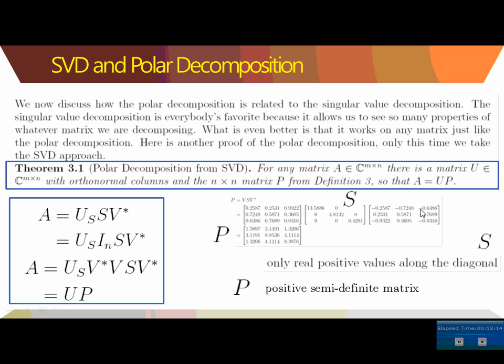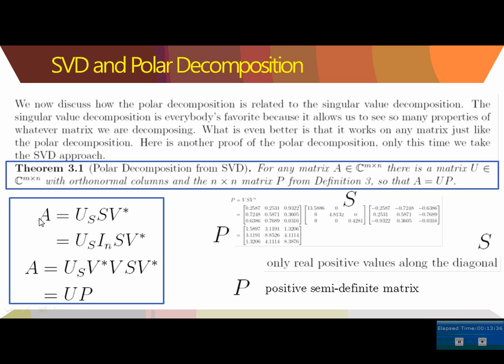Then you take the Hermitian transpose. So this P matrix can be written in this way: a unitary matrix times the diagonal matrix whose main diagonal entries are non-negative, times the transpose of the unitary matrix. So P can be written as V times S times V star.